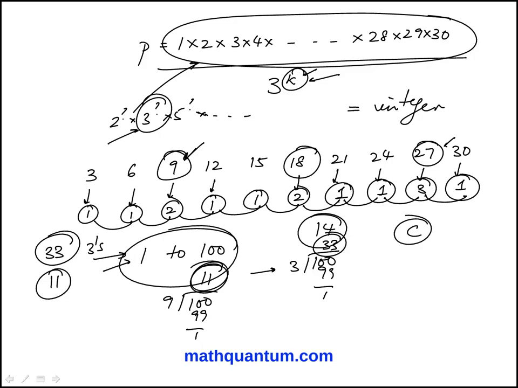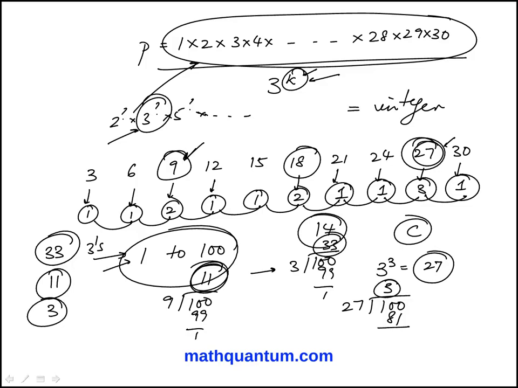But then I also have to look for multiples of 3 cubed, or 27. So we divide 100 by 27. 27 times 3 is 81, so there are only 3. So we get 3 more 3's there.